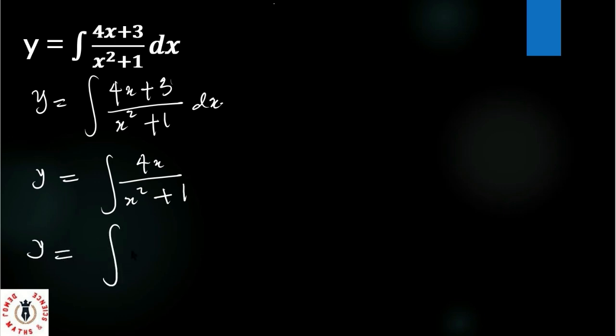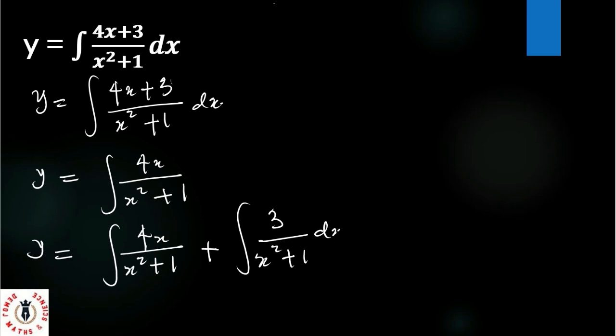This is the same thing as the integral of 4x over x squared plus 1 plus the integral of 3 over x squared plus 1, both of them with respect to x.